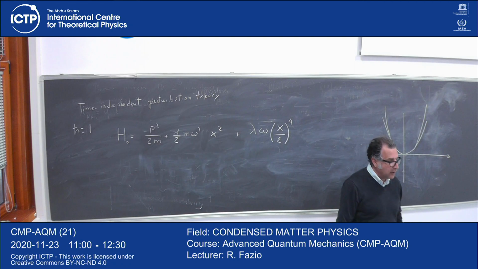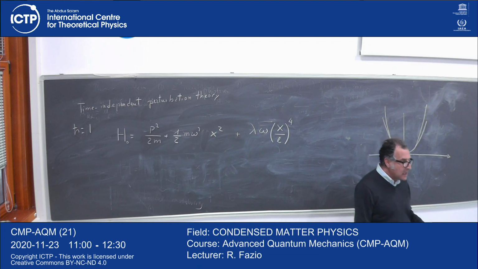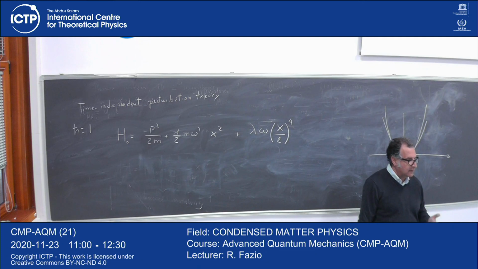And in particular, something I would like to ask you to verify is what are the constraints on the perturbation expansion? So I want to know what is the value of lambda.